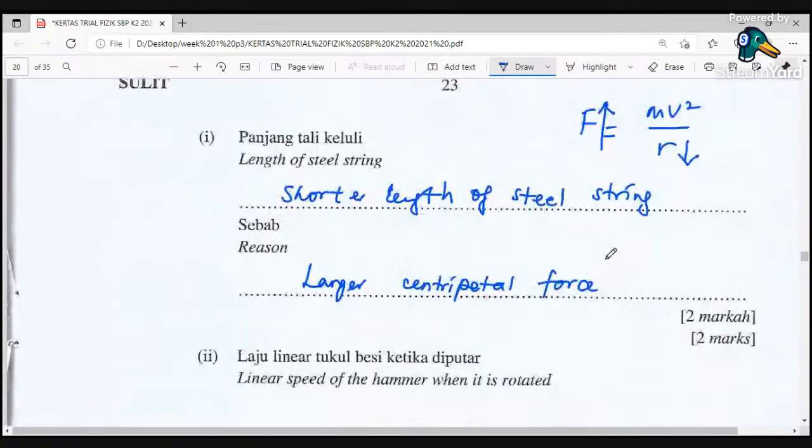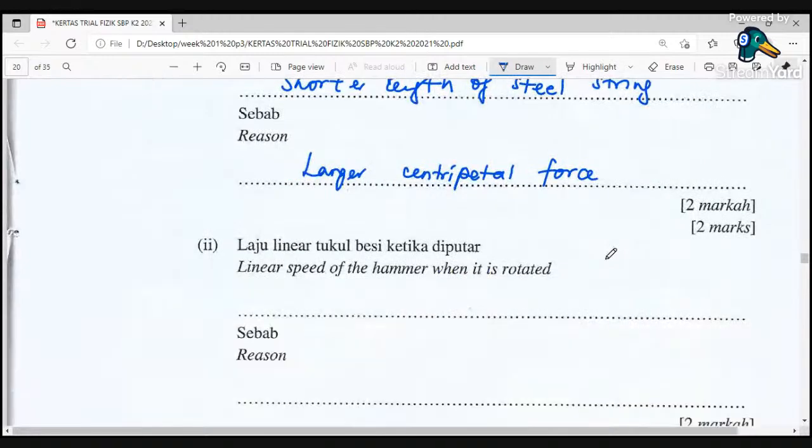Okay, linear speed of the hammer. You can see the relationship is directly proportional to v squared. F means larger linear speed. Okay, reason, you can repeat the reason.